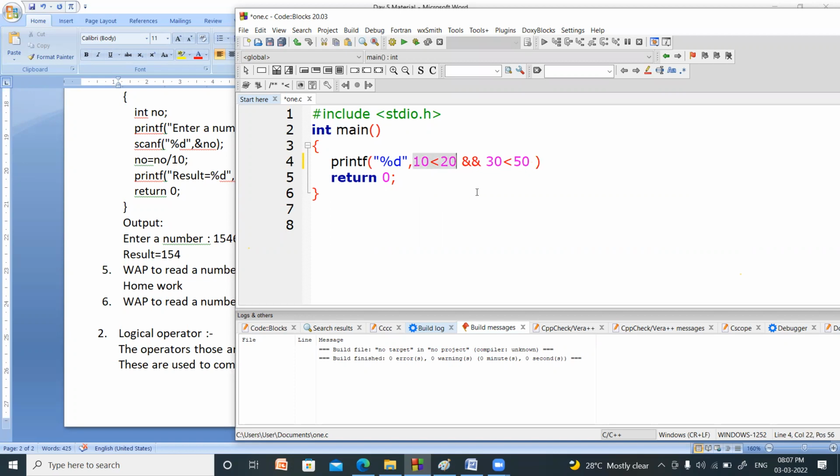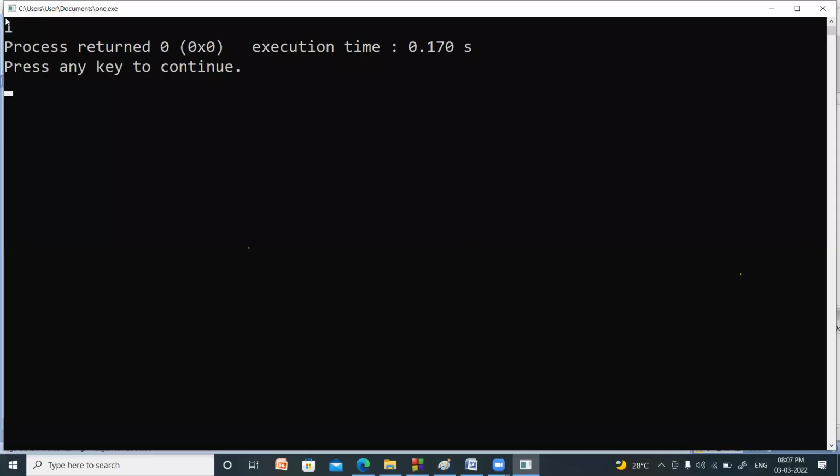It is one more condition. I joined these 2 conditions using the AND operator. Now what should be the answer? It is true. It is also true. True and true equals how much? True. Now your answer is true. Right. I forgot to put a semicolon here. Execute this program. Right. True.